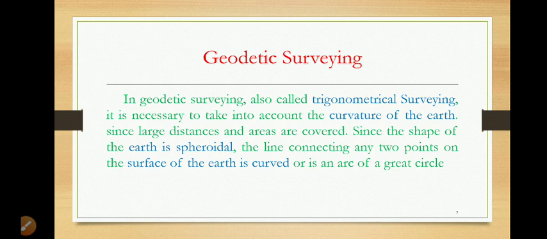Geodetic survey is also called trigonometrical survey. It is necessary to take into account the curvature of the earth, since large distances and areas are covered. Since the shape of the earth is spheroidal, the line connecting any two points on the surface of the earth is curved, an arc of a great circle.